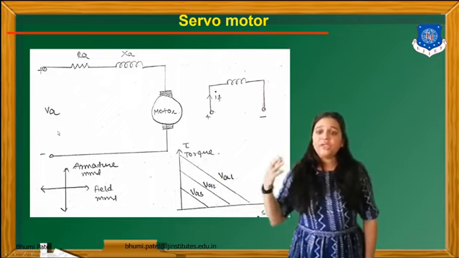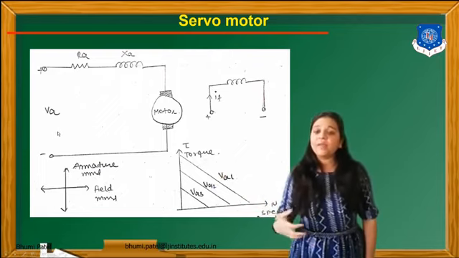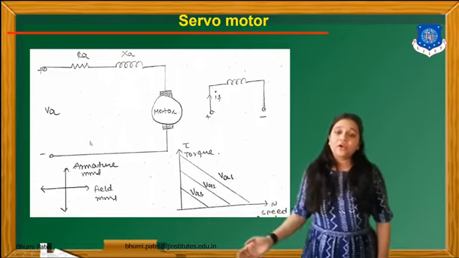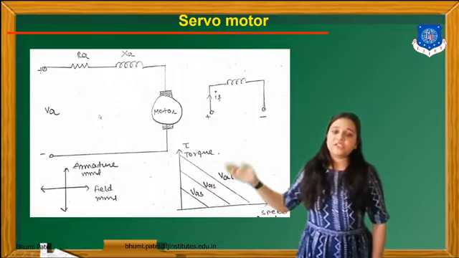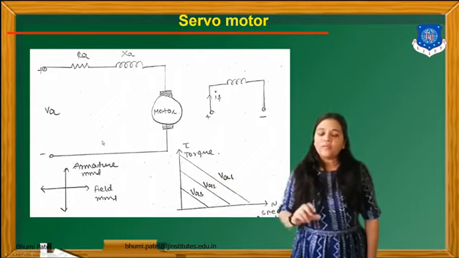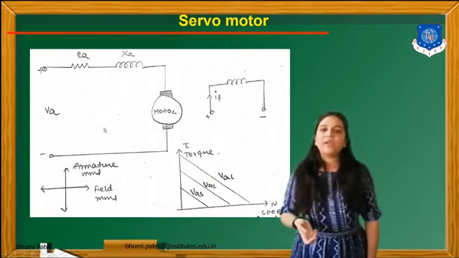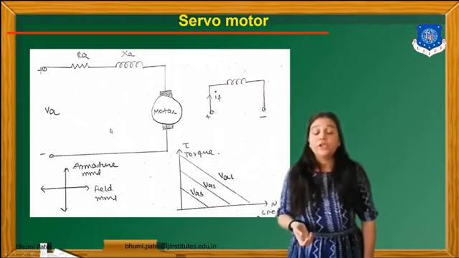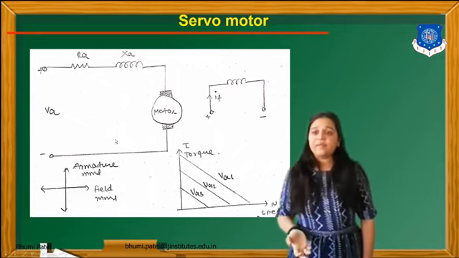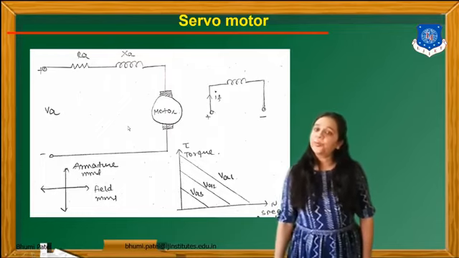We can change the field MMF and the armature MMF. So here they draw the diagram of speed versus torque. If the speed of the motor is increased, the torque will be increased or decreased depending upon the motor condition. So we can connect any instrument as an output device in the analog output devices.